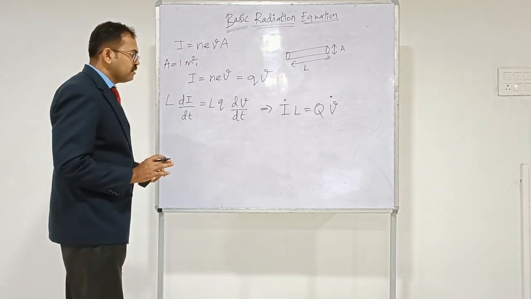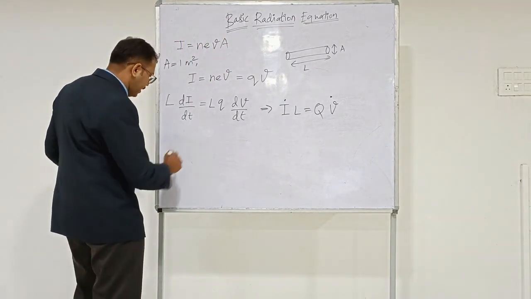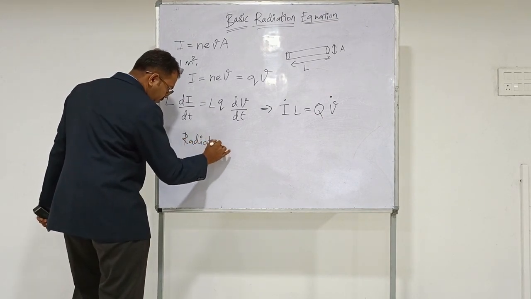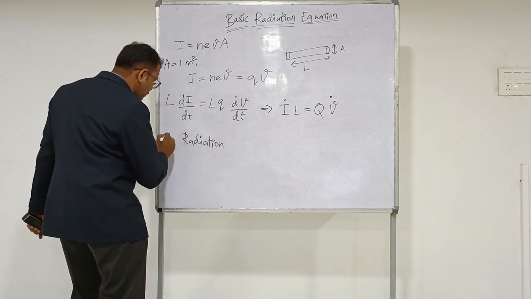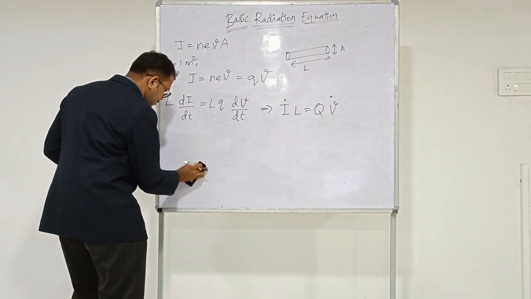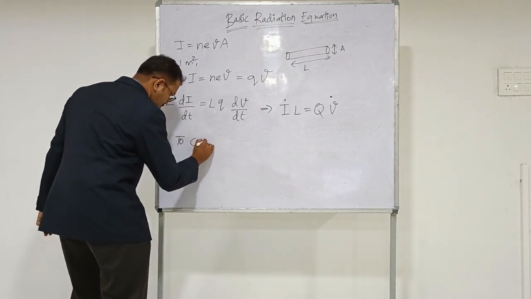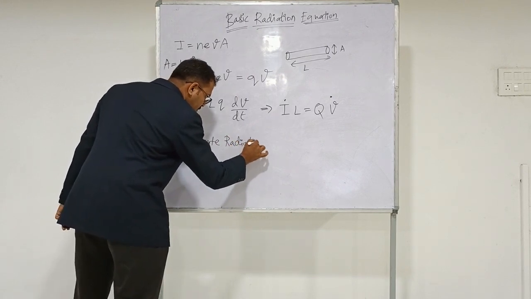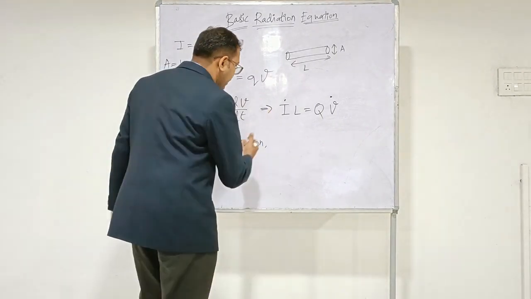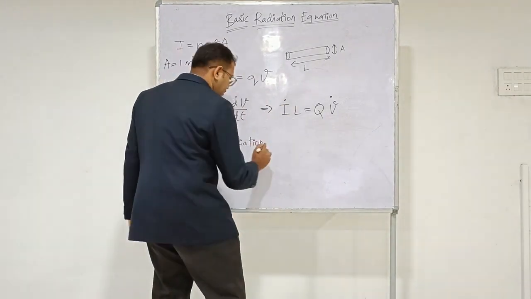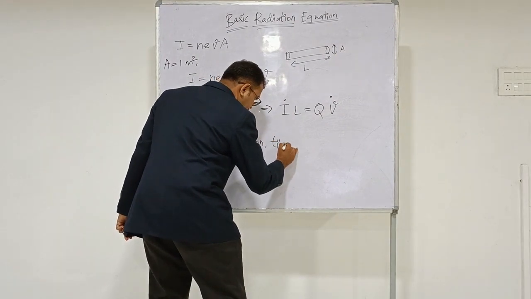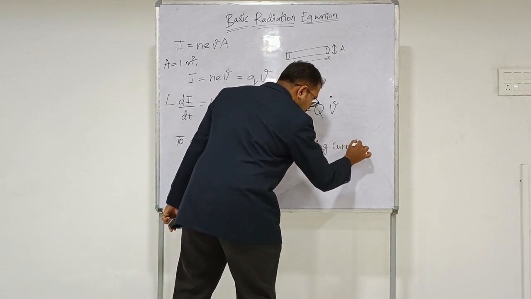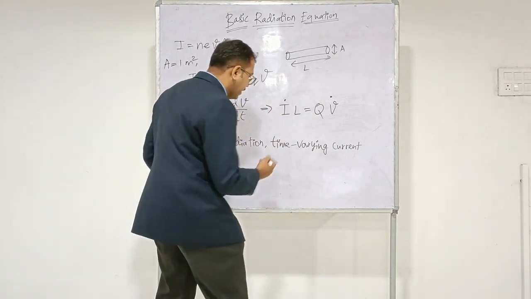Okay, what is the interpretation here? If you want to create radiation, you ultimately need time varying current. So to create radiation, time varying current should be applied to the antennas.